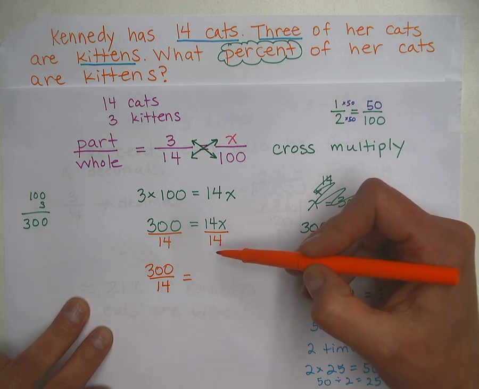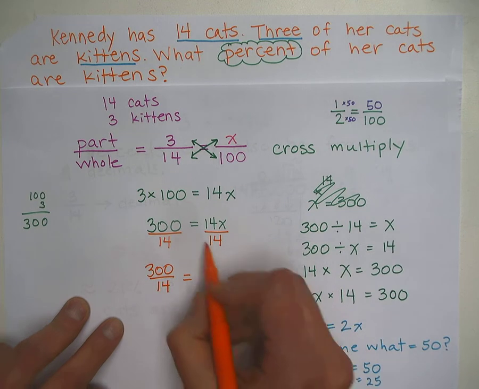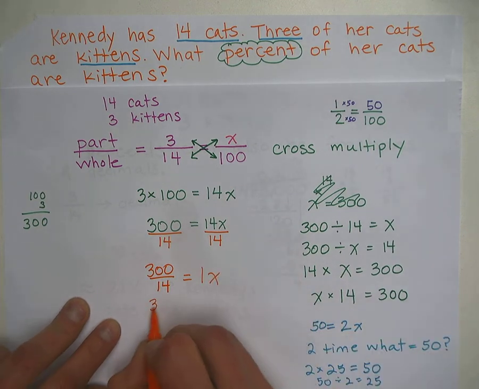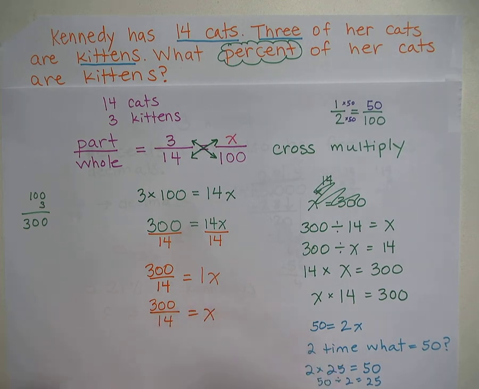And 1x is really just x, because 1 times anything is whatever that thing is. So now I have this. You could say that, okay, x equals 300 over 14, but I probably wouldn't accept that, so we have to actually do the math.